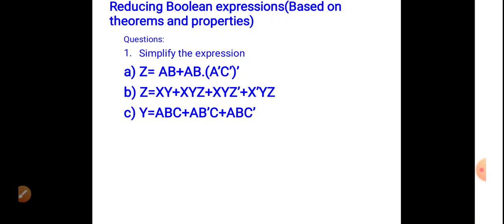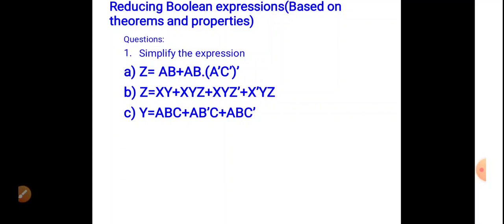AB plus AB into, where applying De Morgan's we got (A bar C bar) whole complement equal to A plus C. So we'll be getting AB plus AAB plus ABC. Here in step 3 we are getting three terms: AB, AAB plus ABC.